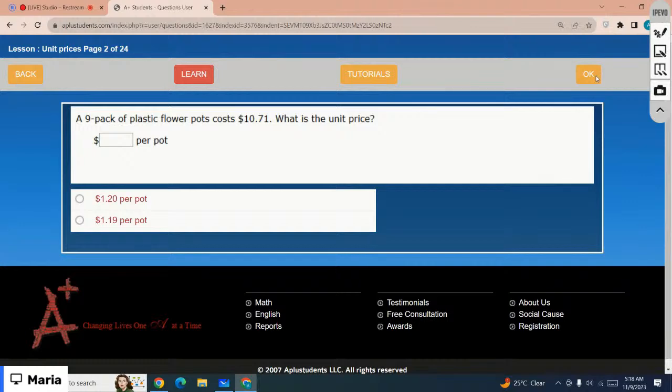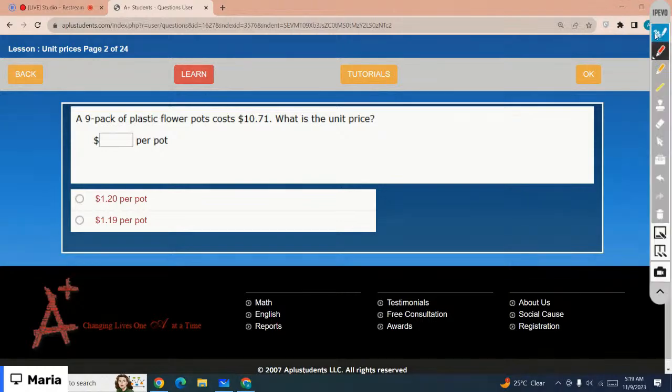A 9 pack of plastic flour costs $10.71. What is the unit price? So, which is the correct option? Nine pack. We have to calculate the price of one pack of flour.